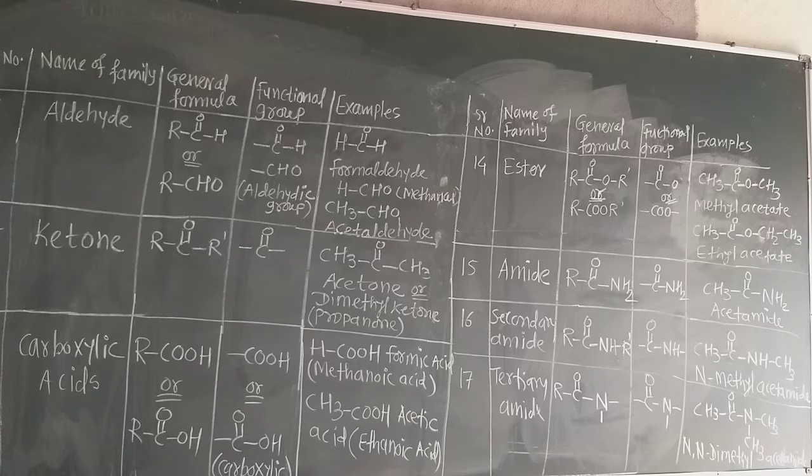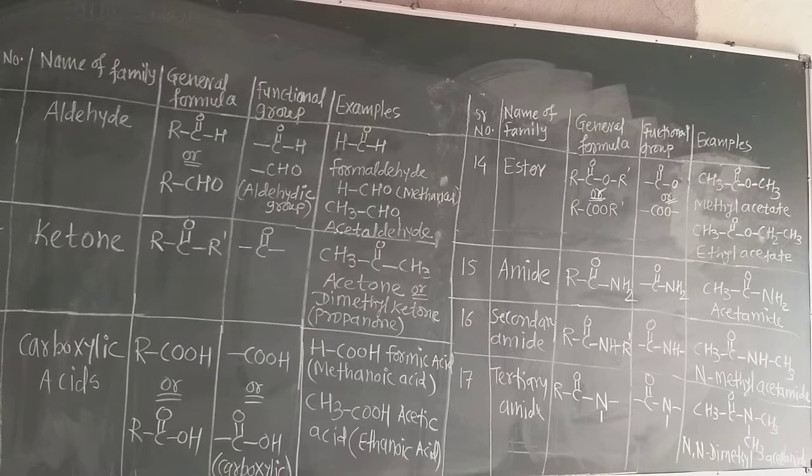Now this is also a very important family, aldehydes. Aldehyde, ketones and carboxylic acid, all these are commonly called the carbonyl compounds. Remember that they are called the carbonyl compounds. Why are they called carbonyl compounds?